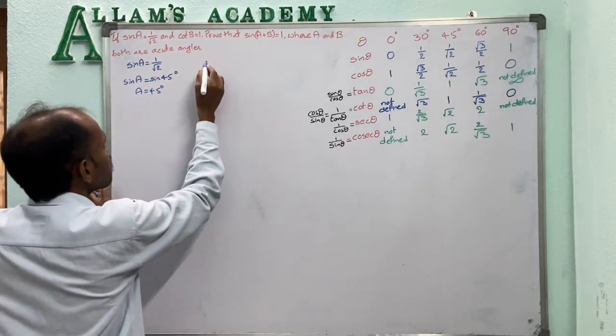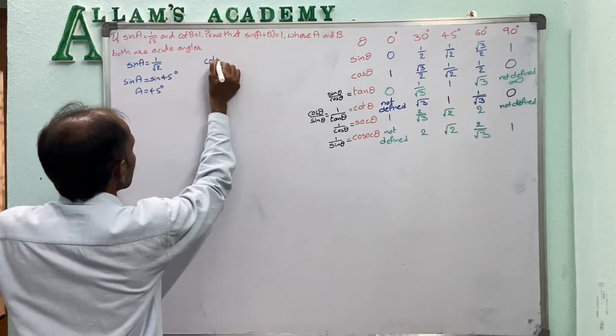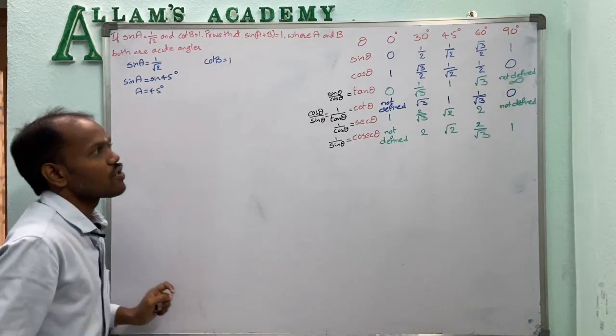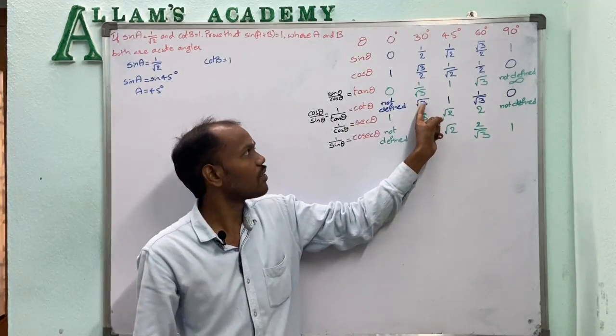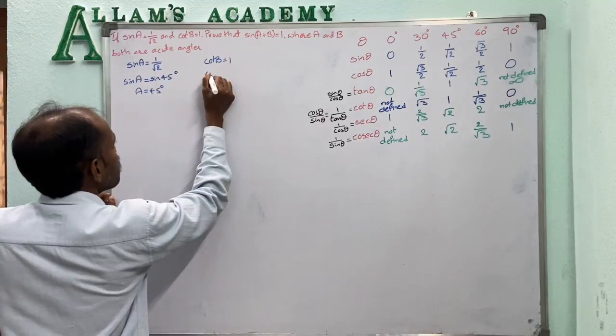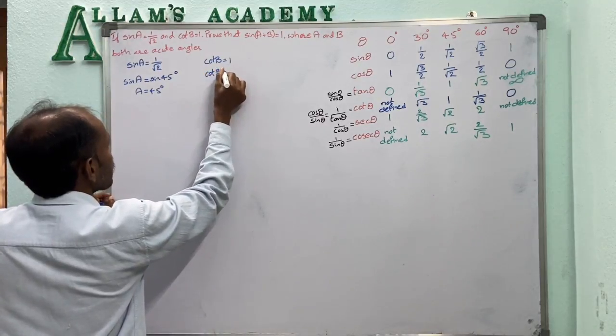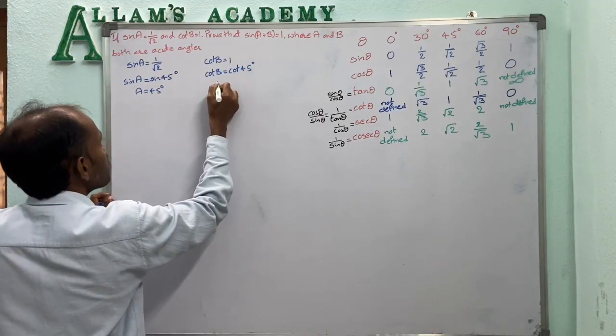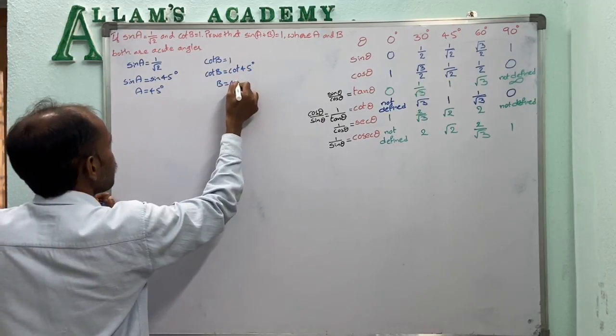Similarly, cot b equals 1 is given. In cot theta, we get 1 at 45 degrees. So cot b equals cot 45. Removing cot on both sides, b equals 45 degrees.